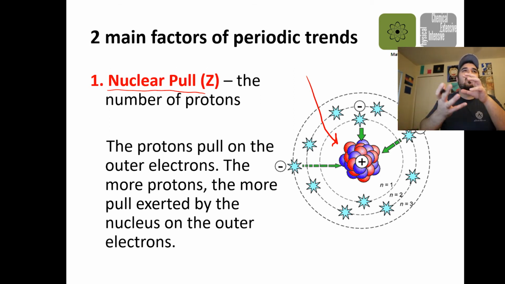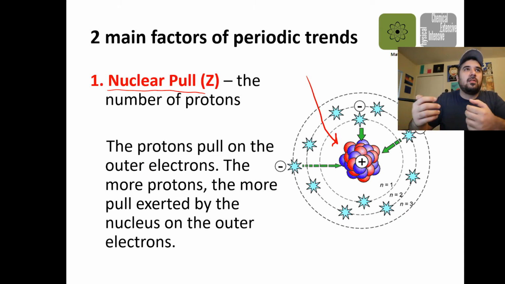It's basically what holds everything together. That's what this nuclear pull is. The protons pull on the outer electrons, and the more protons, the more pull there is. So when an element has more protons, it's going to have a larger nuclear pull.